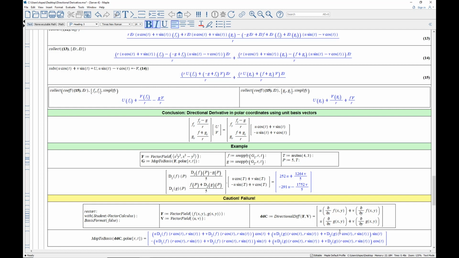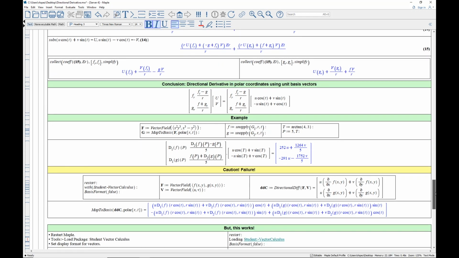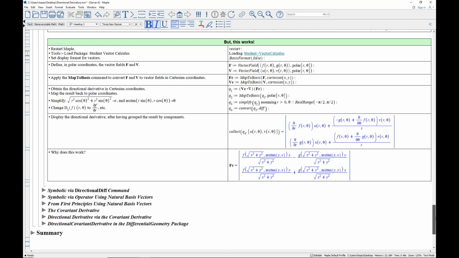It's just that mathematically this is incorrect, because if you take the derivative in Cartesian coordinates, you are not differentiating the basis vectors. And then you map to polar coordinates, you miss that opportunity to differentiate the basis vectors. This can't ever come out right, because it's mathematically just plain incorrect. But surprisingly, this works. Let's take a look at it.